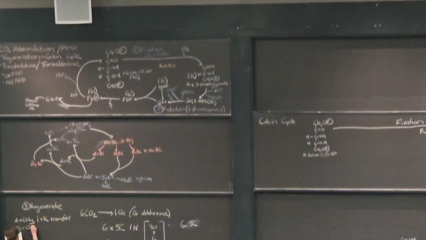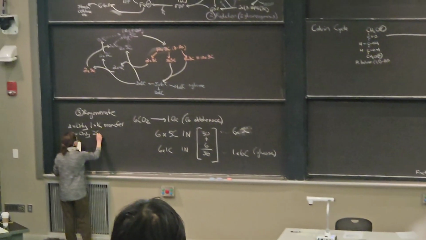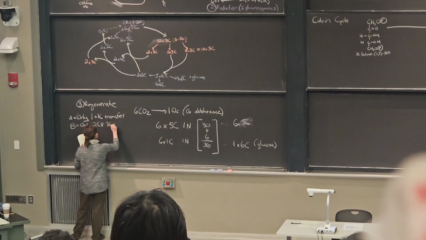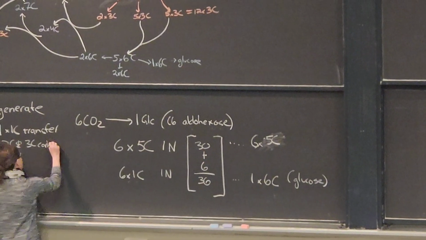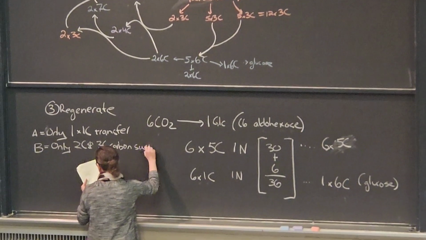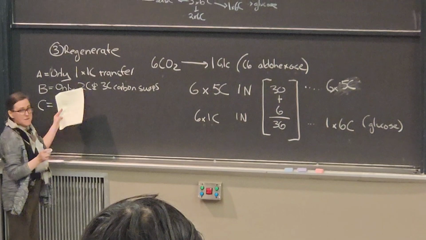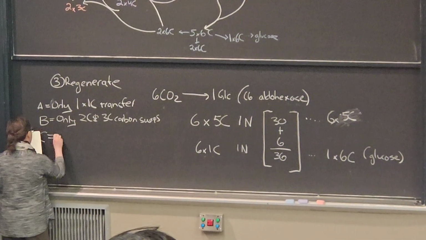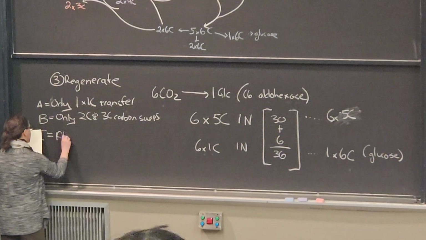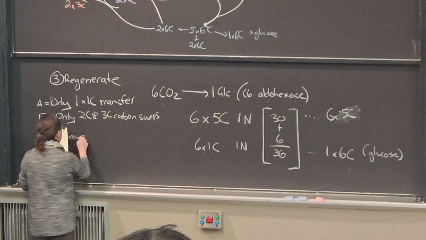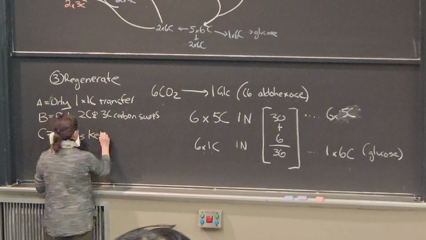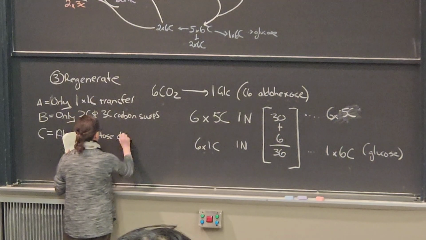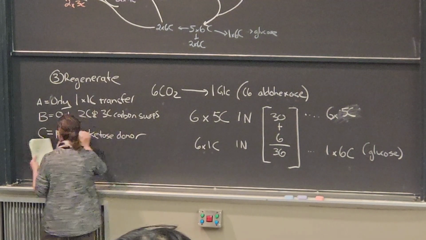Number 2, or B, is that there are only 2 carbon and 3 carbon swaps. These swaps themselves have further rules. They have more things that you need to keep in mind. The first is that it is always a ketose donor. And that will become really clear why that has to be the case when we go through the reaction mechanism. So it's always a ketose donor.